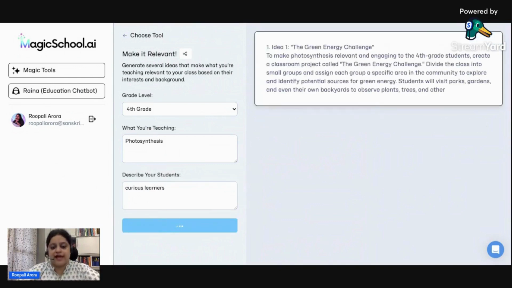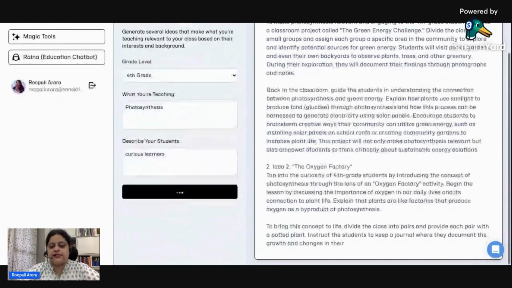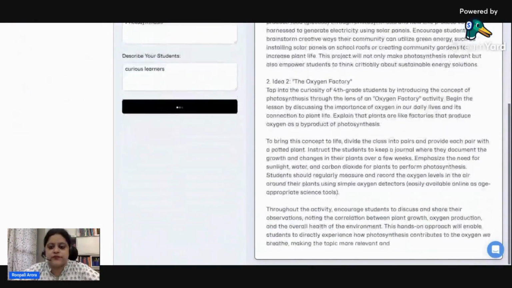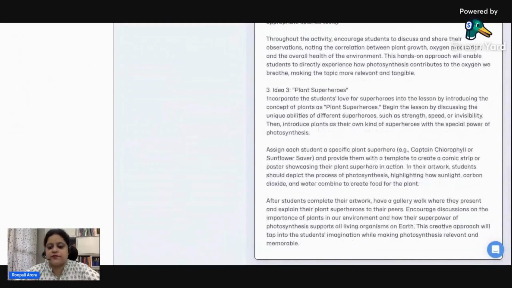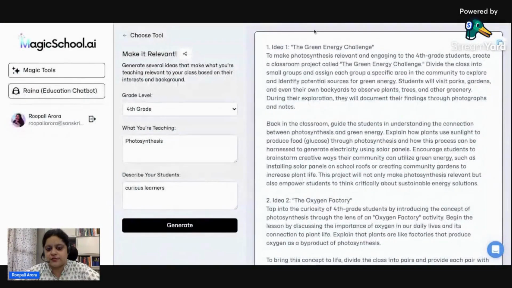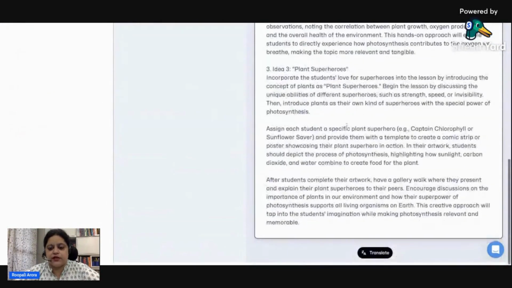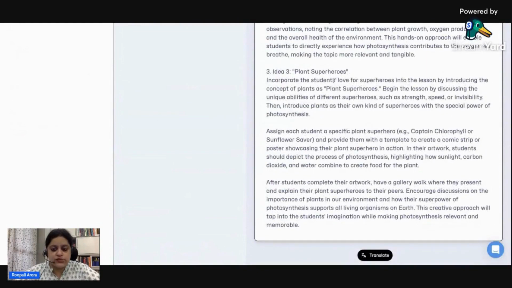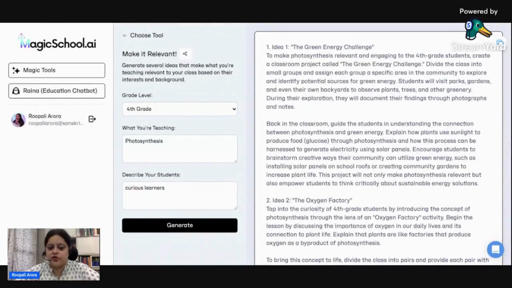So I will have different kinds of ideas which inculcate curiosity among my learners. Suppose I have ideas like the green energy challenge, the oxygen factory, and plant superheroes. I can read all these ideas and incorporate them while teaching photosynthesis, where I can inculcate curiosity.